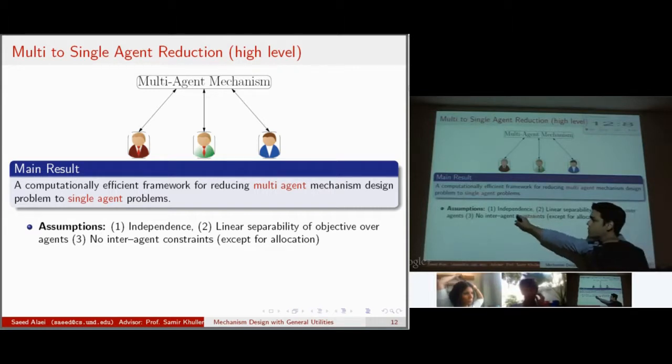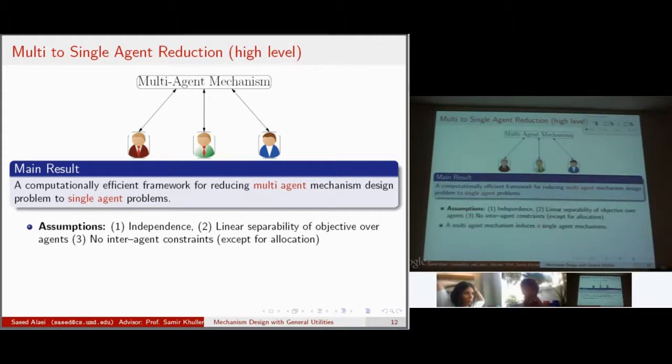So we assume that agent types are distributed independently. We assume that the objective, whatever objective you want to optimize, is linearly separable over the agents. For example, if you're maximizing revenue, that's the sum of the revenue you get from each agent, so it's linearly separable over the agents. And we assume that there are no inter-agent constraints except for allocation constraints. But we can have arbitrary combinatorial constraints on the allocation.